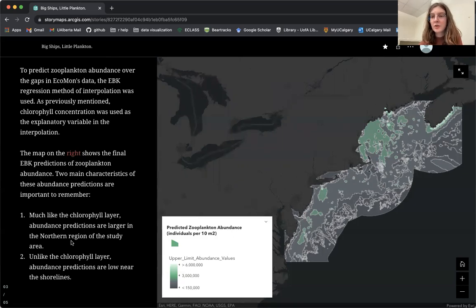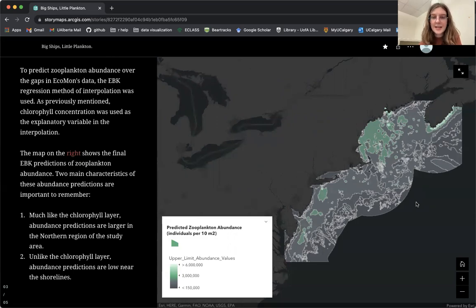So the map on the right shows those final zooplankton abundance predictions, where the dark green and light green areas are the higher zooplankton abundance and the gray are the lower. There's two main characteristics of this map that I want you to remember.